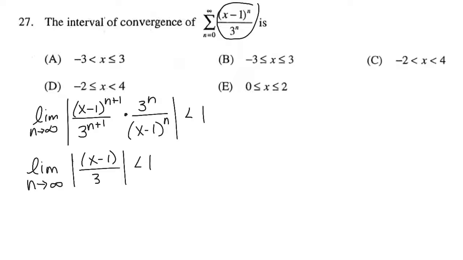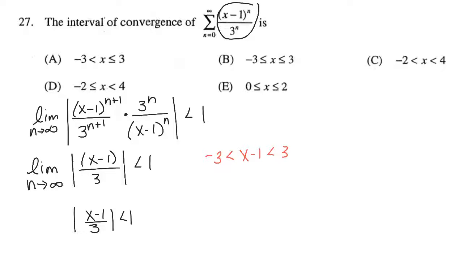So that tells me that the absolute value of x minus 1 all over 3 is less than 1. Now we have to solve this inequality, which should turn into a compound inequality. I'm going to multiply both sides by 3 and set up our equations, negative 3 and positive 3.